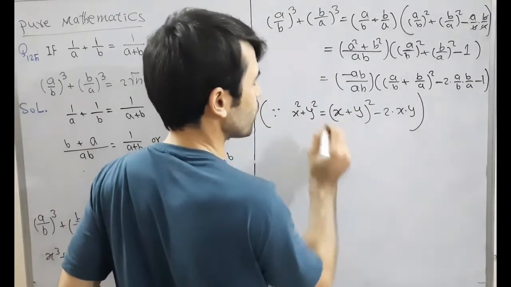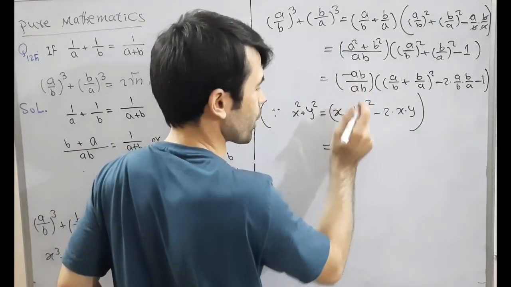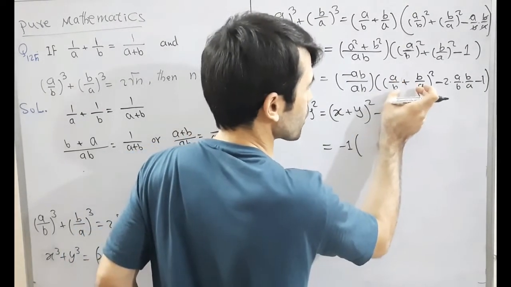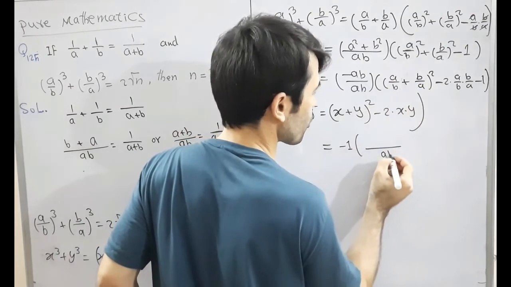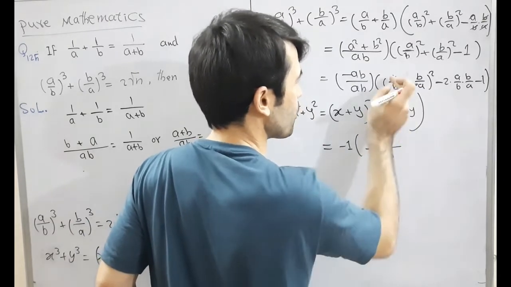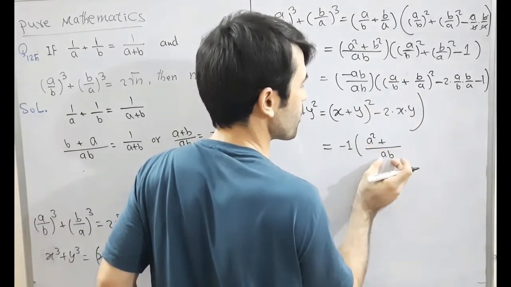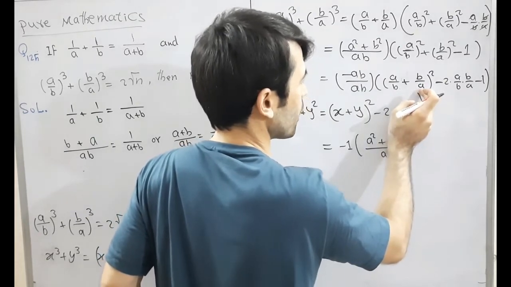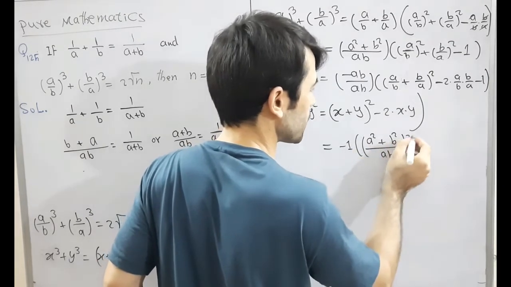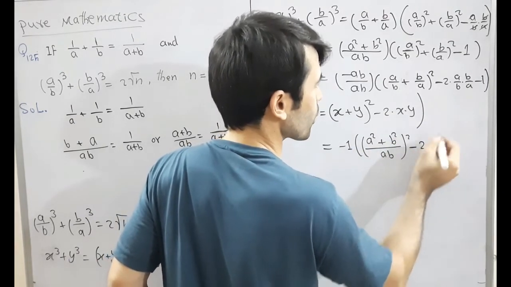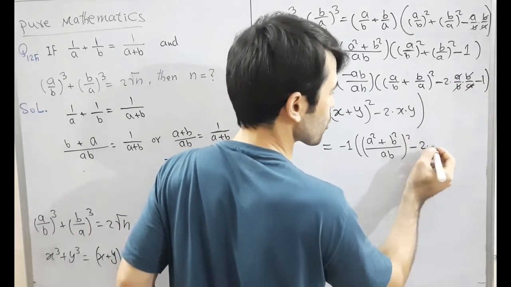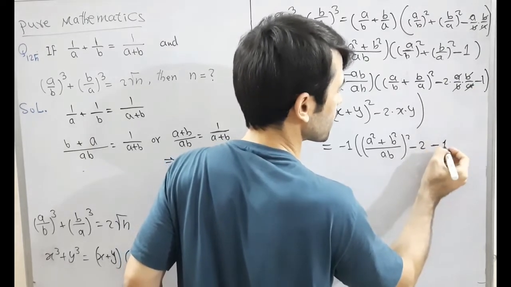It is equal to minus ab divided by ab, we get minus 1 into, also we take a common denominator here, we get a into b divided by b, we get a, multiplied by a square plus a into b divided by a, we get b, multiplied by b square, whole square minus 2, a by a cancelled and b by b cancelled, we get minus 2 minus 1.